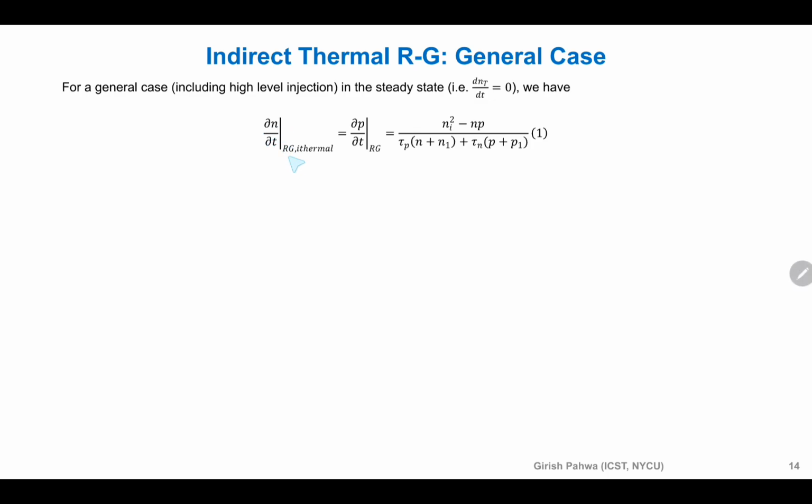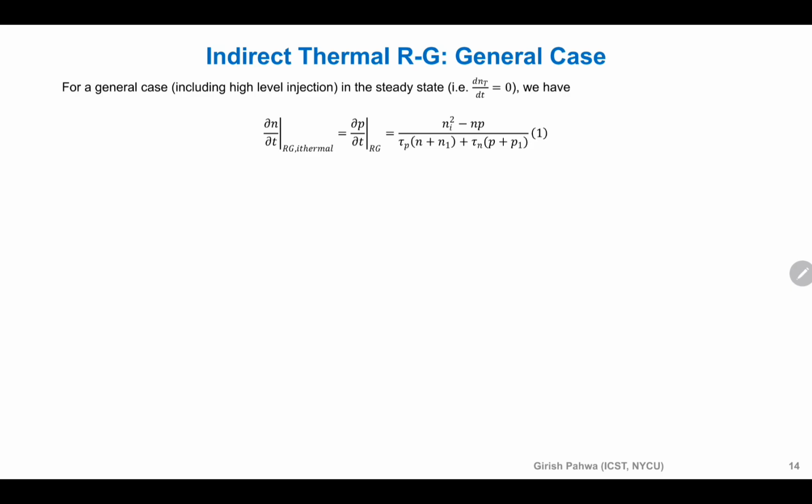In that case, del N by del T or del P by del T, both will be equal, right? The rate at which the electrons are getting annihilated or the holes are getting annihilated or they are getting generated, both of them will be equal. Yes, because of the pairing, it is equal to Ni square minus Np divided by tau P into N plus N1 plus tau N into P plus P1.